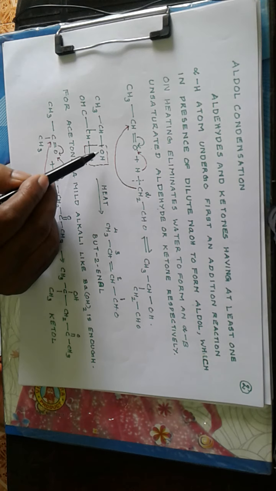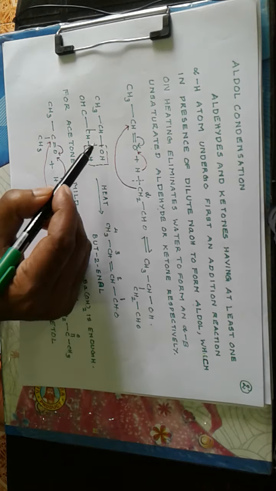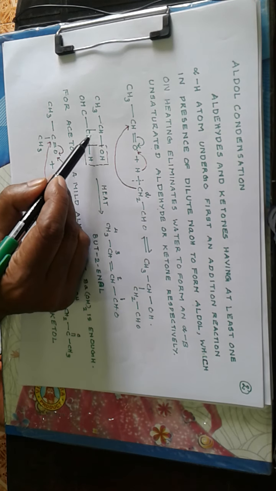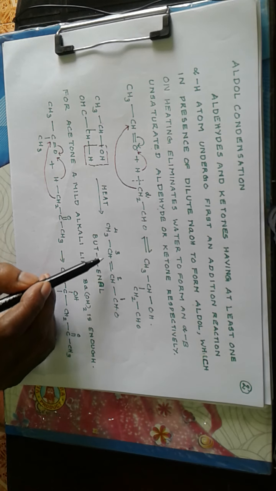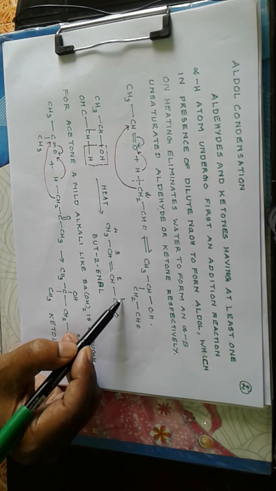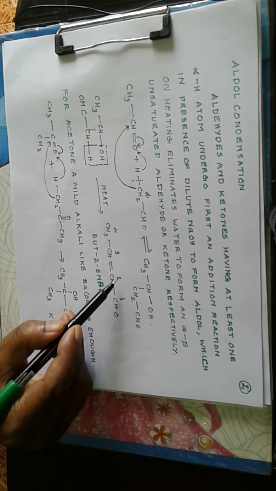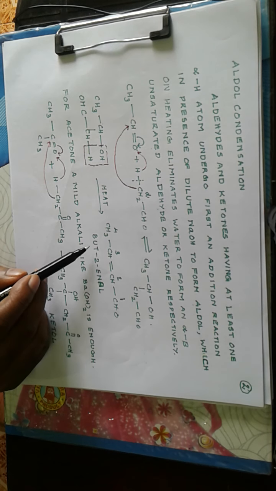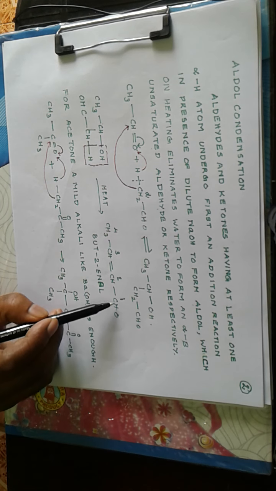Now CH3CH(OH)CH2CHO, we can write it so, to eliminate a molecule of water, and we get a double bond between these two carbons. So the product will be CH3CH=CHCHO. On numbering the carbon atoms, preference is given to the aldehyde carbon as 1, 2, 3, 4. So it is but-2-enal.